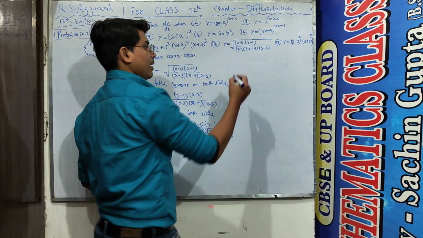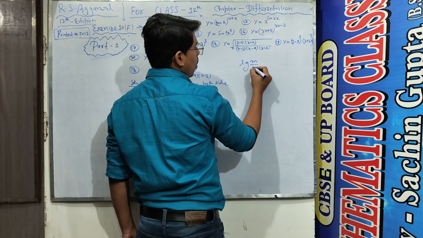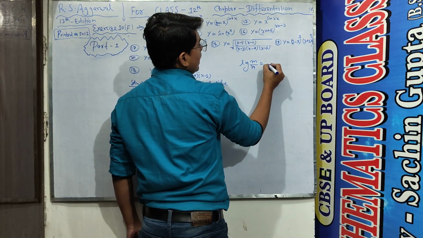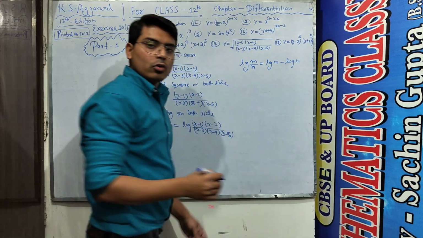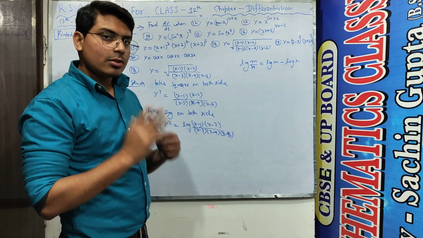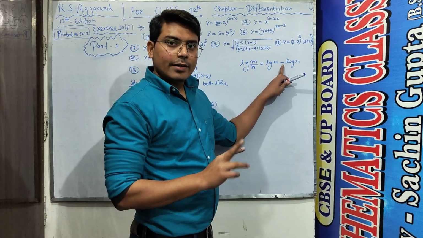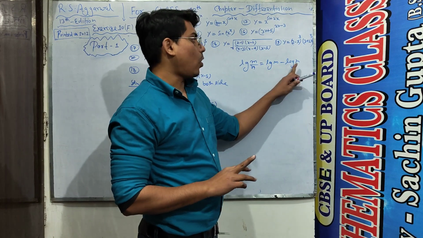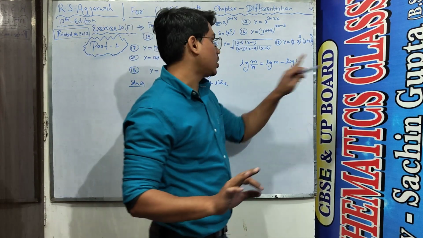Now student, I tell you one more formula of log, which is log m upon n. Its value is log m minus log n. Whenever two numbers come in a fraction, its value is the difference of the logs, that is log m upon n is equal to log m minus log n.